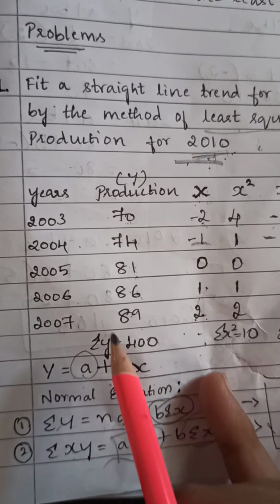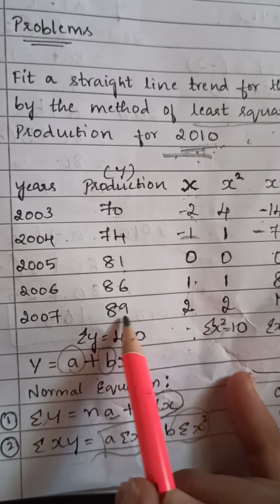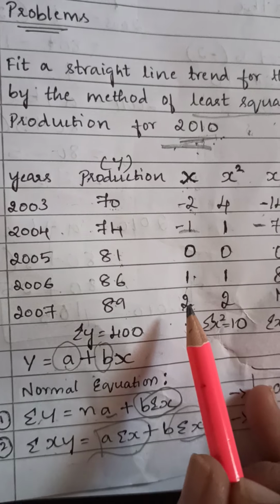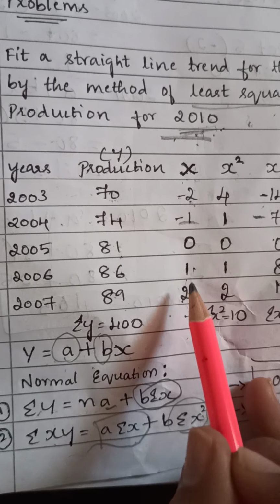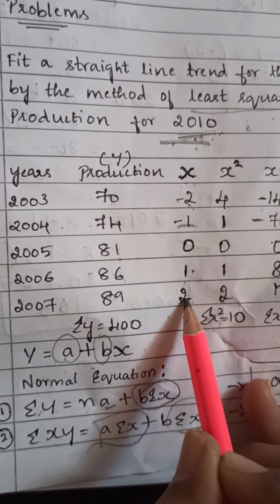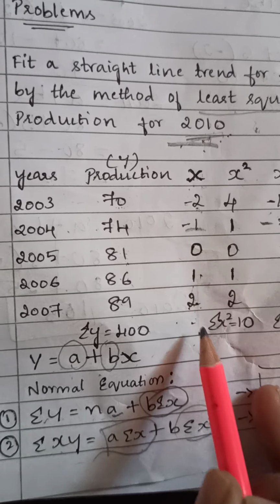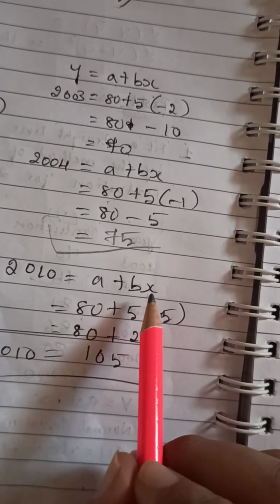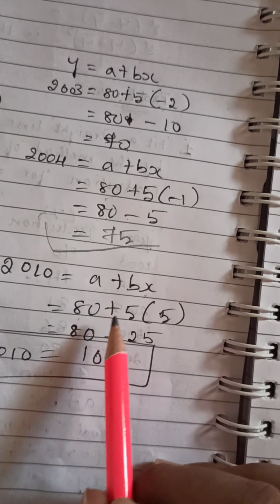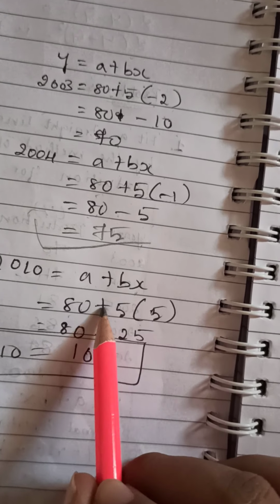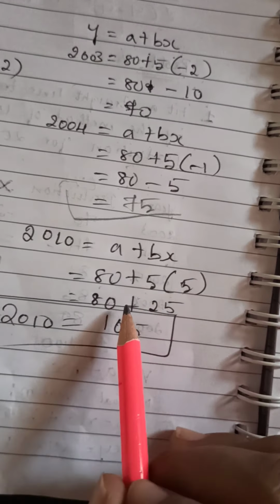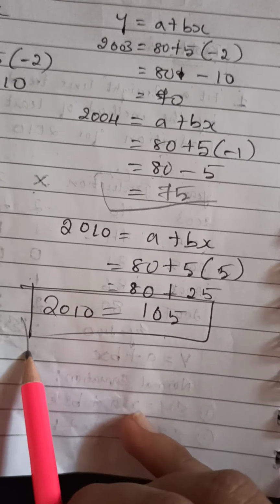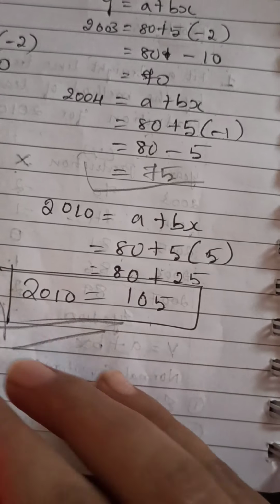We know the x values only up to 2007, and for 2008, 9, 10 we don't know them yet. We continue with natural numbers: 2008 will be 3, 2009 will be 4, and 2010 will be 5. So 80 plus 5 into 5, that is 25. So 80 plus 25 is 105. So the production value for 2010 will be 105.